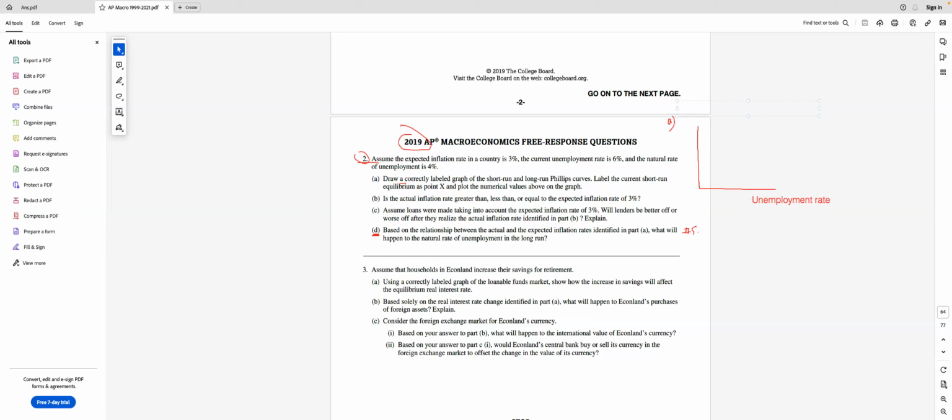And this one is called inflation. Short-run Phillips curve is a downward sloping curve. Short-run PC. And this one is a long-run PC.